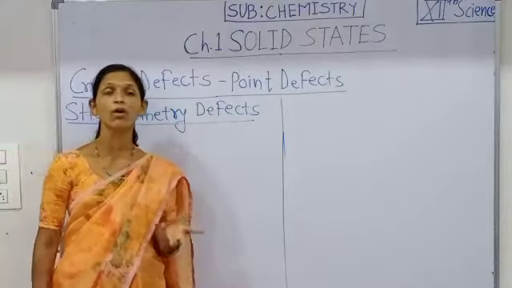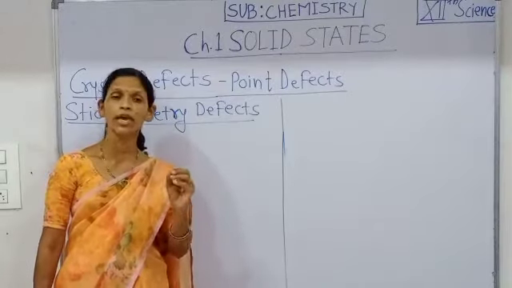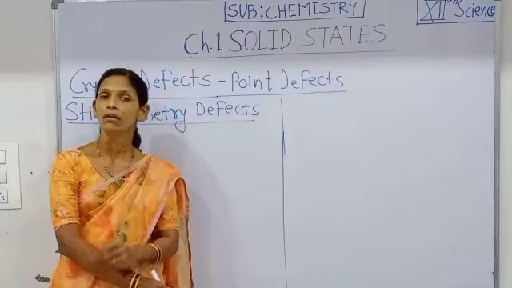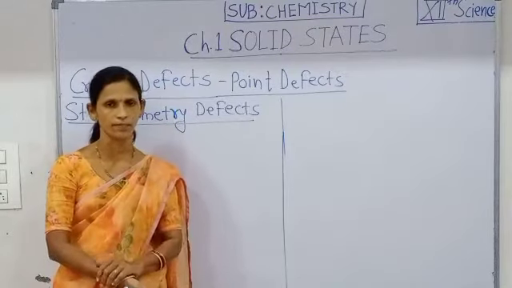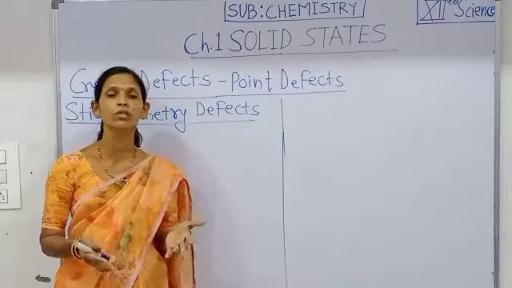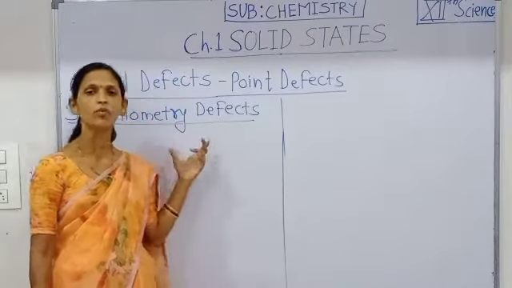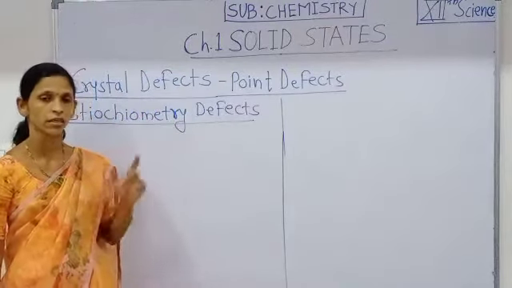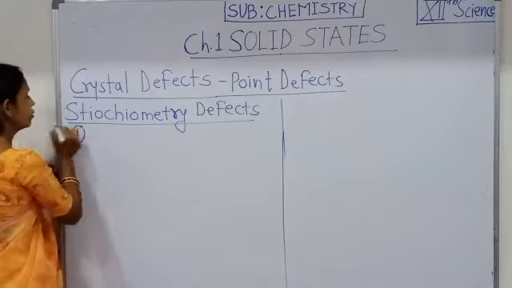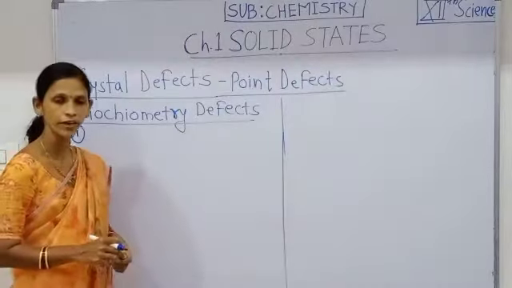All of you are aware that there are four types of stoichiometry defects found in crystalline substances, and today we will discuss those types.